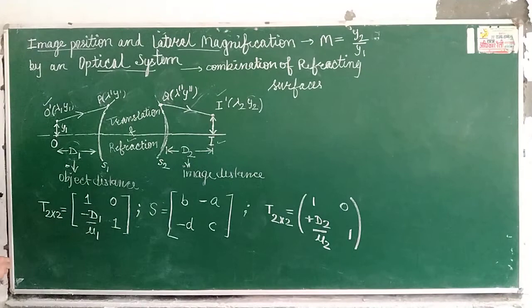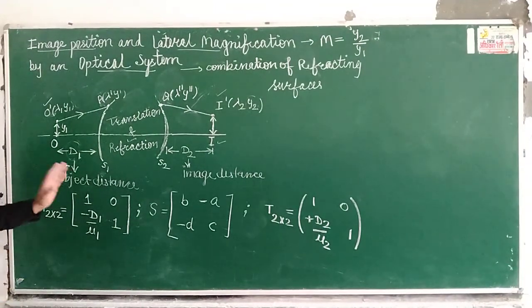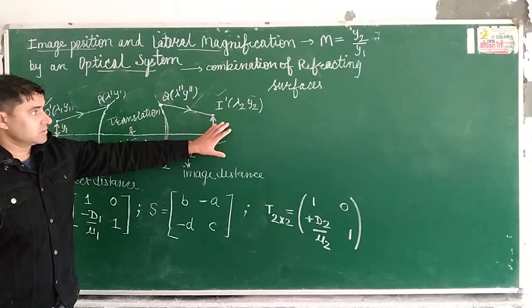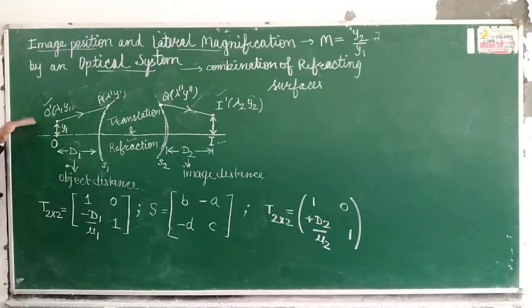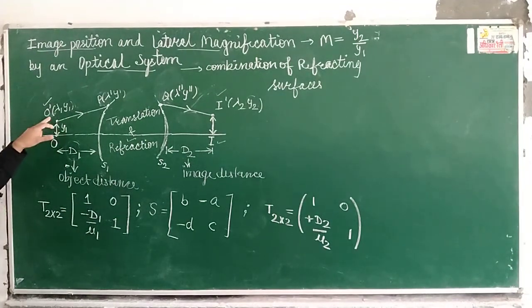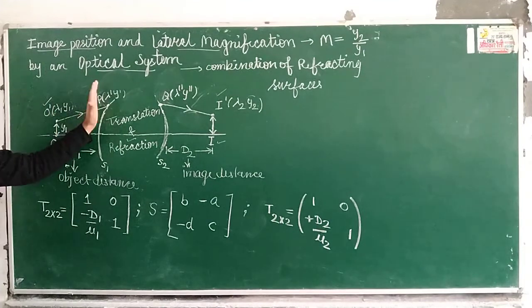Okay, so here we will make use of three matrices to establish a relation between the optical coordinates of the image point and the object point. Here you see from point O dash to P there is translation.